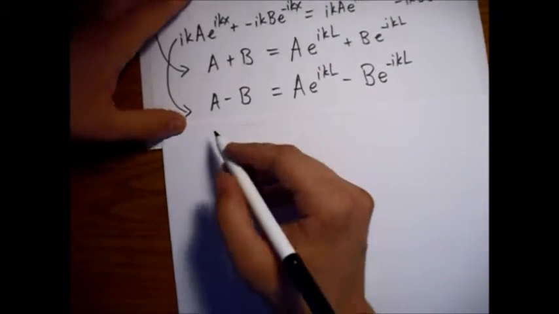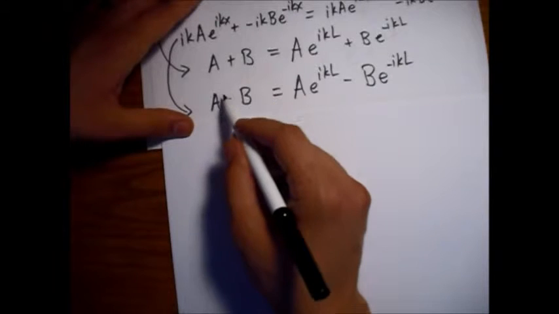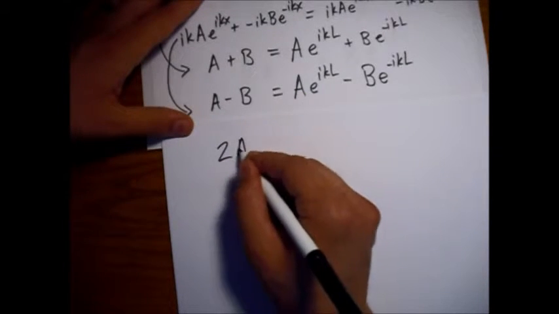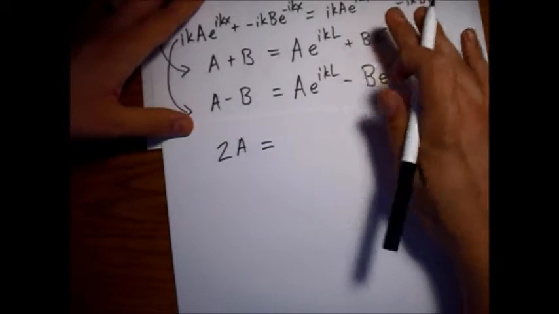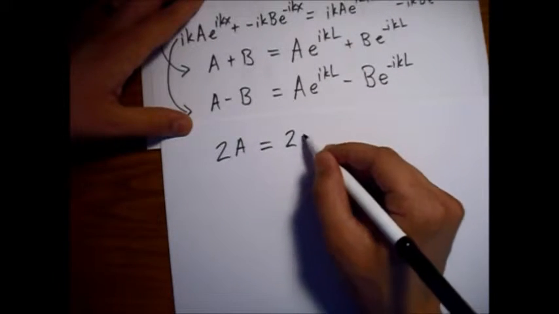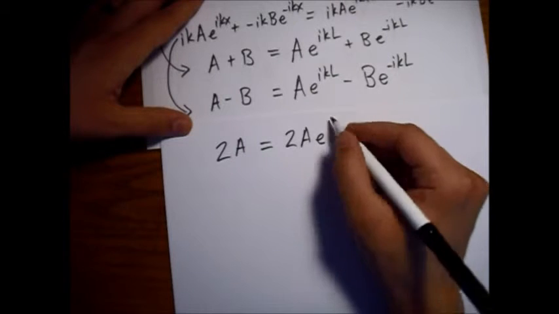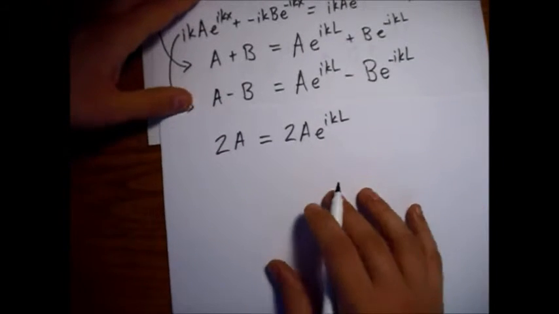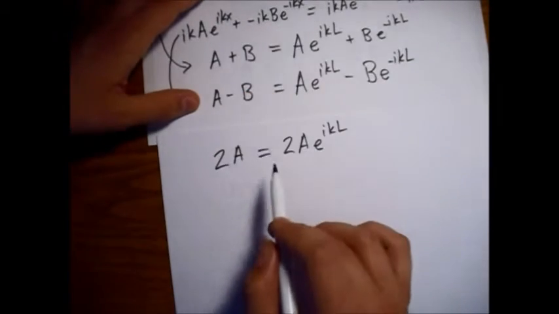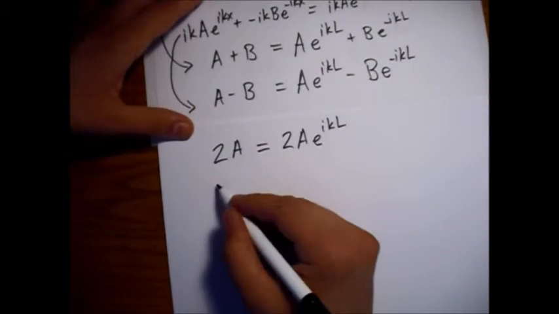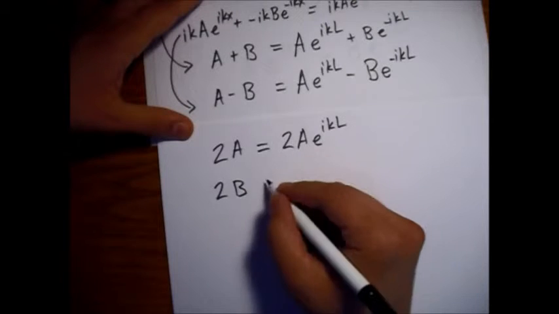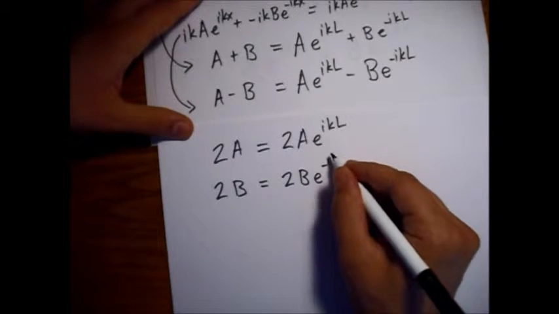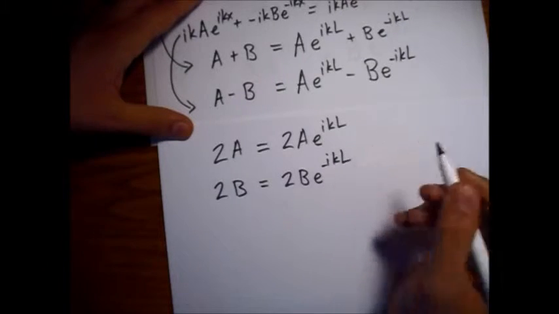Adding them together, we get 2a equals, these parts will go away, 2a e to the i k L. And then subtracting this equation from the other one, the a's will go away, and we get 2b equals 2b e to the minus i k L.